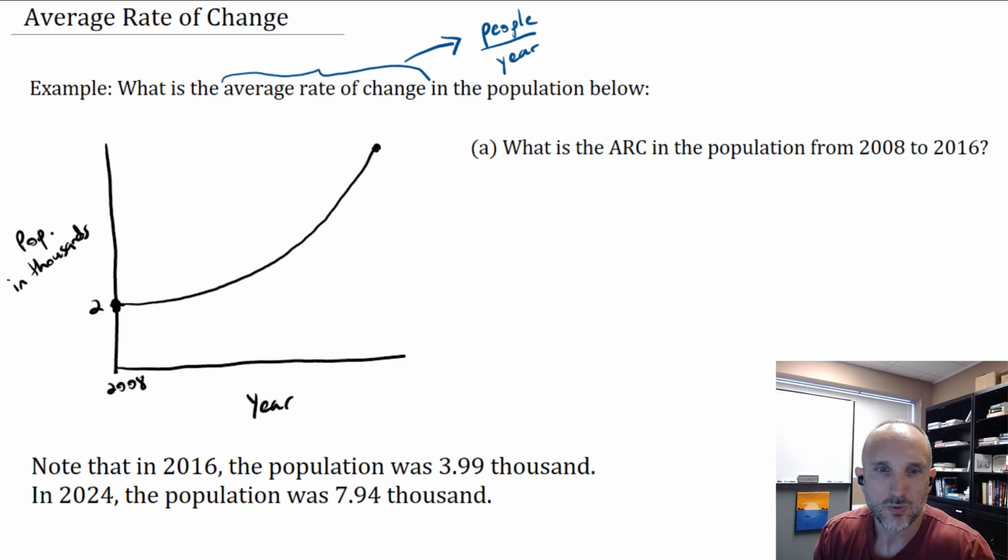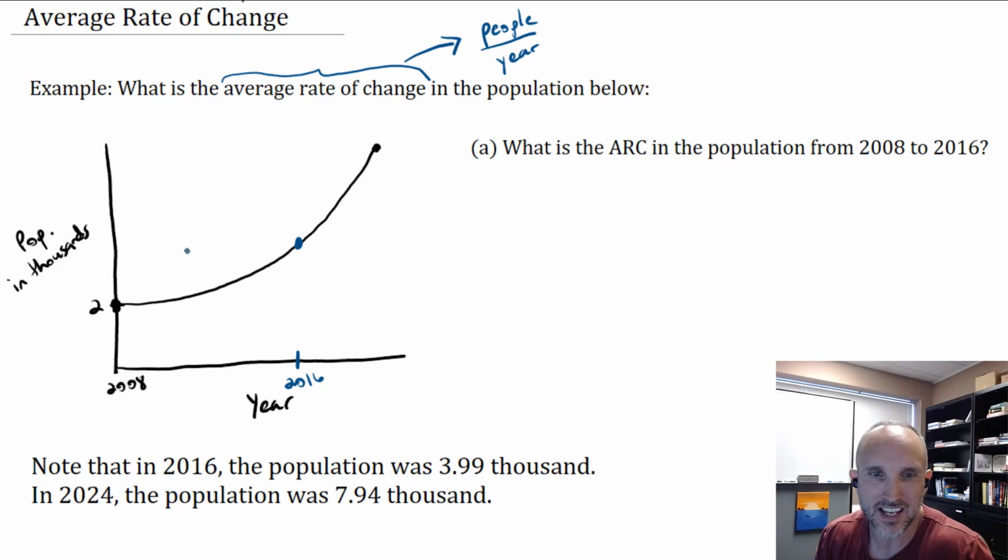And so what we're looking at is from 2008 to 2016. Let's say 2016 is right here. You can see that the rate at which the population grows is changing. It starts off slow and then it speeds up. But we're interested in the average rate of change over this entire time period.